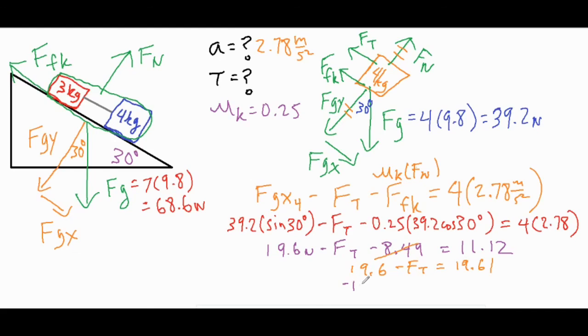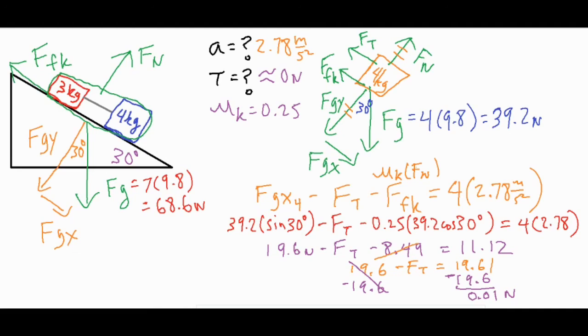Now, if we subtract 19.6 from both sides, we end up with 0.01 newtons. The reason that number is so small is that it's actually supposed to be 0, but because of rounding, it doesn't end up being 0.00 newtons on the dot. So our final answer for the force of tension is about 0 newtons.